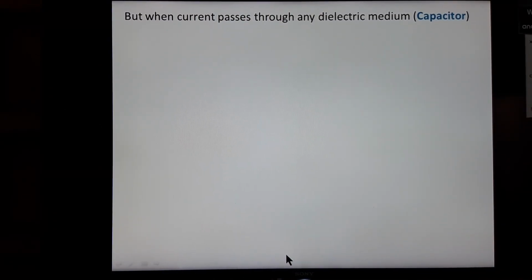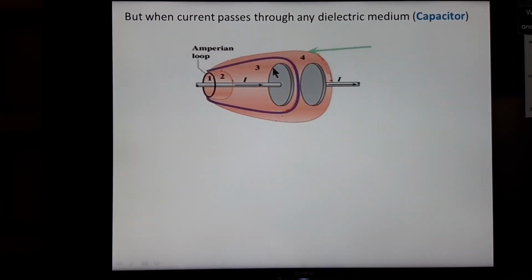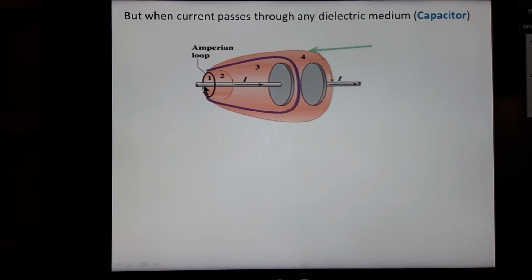But when current passes through a dielectric medium, like a capacitor as shown in this figure, with conduction current I and these capacitor plates with charges, consider the bound surfaces 1, 2, 3 and 4.